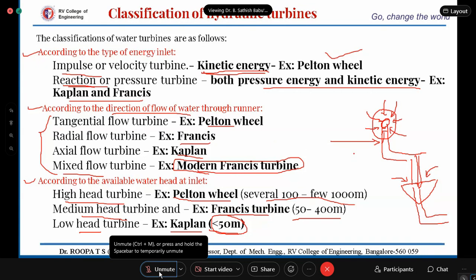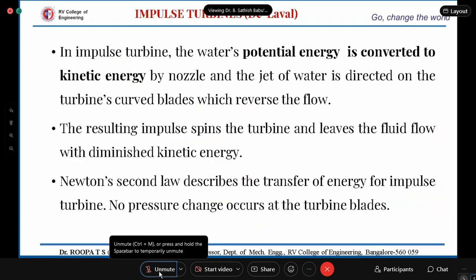So this is the detailed classification of hydraulic turbines. If you observe, in all the categories we have only three turbines quoted as examples: Pelton, Francis, Kaplan. So these are the three hydraulic turbines which you are going to study in detail.